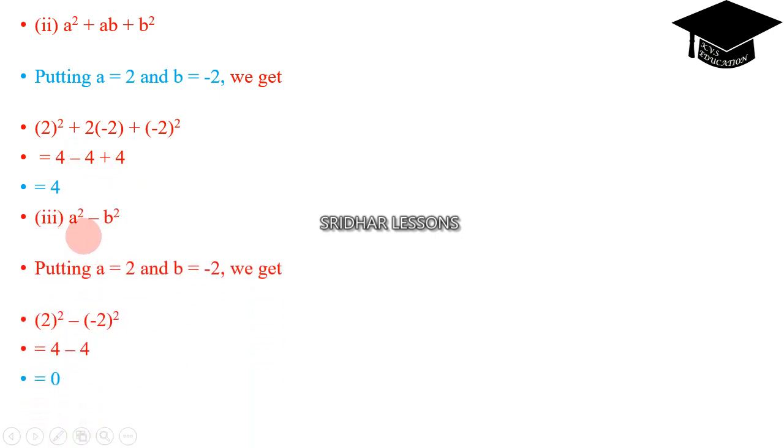Question number 3, a square minus b square. Putting a is equal to 2 and b is equal to minus 2 here, we get 2 square minus minus 2 whole square. This is equal to 4 minus 4, which is equal to 0.